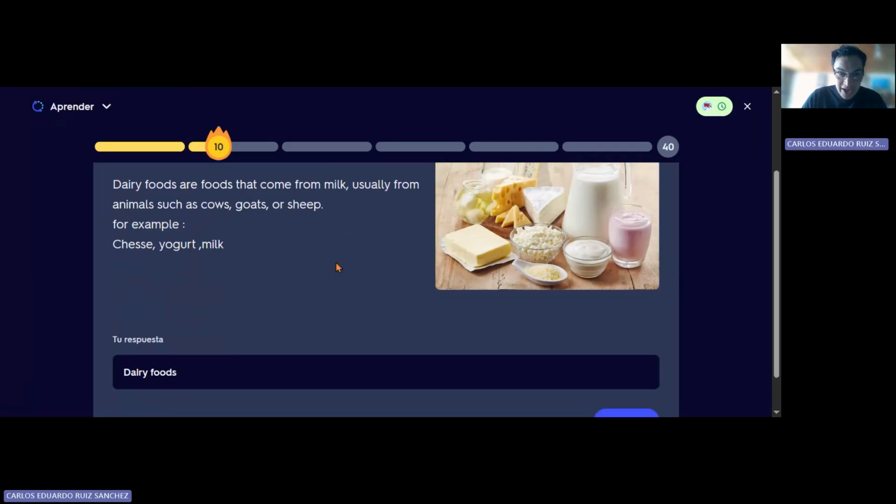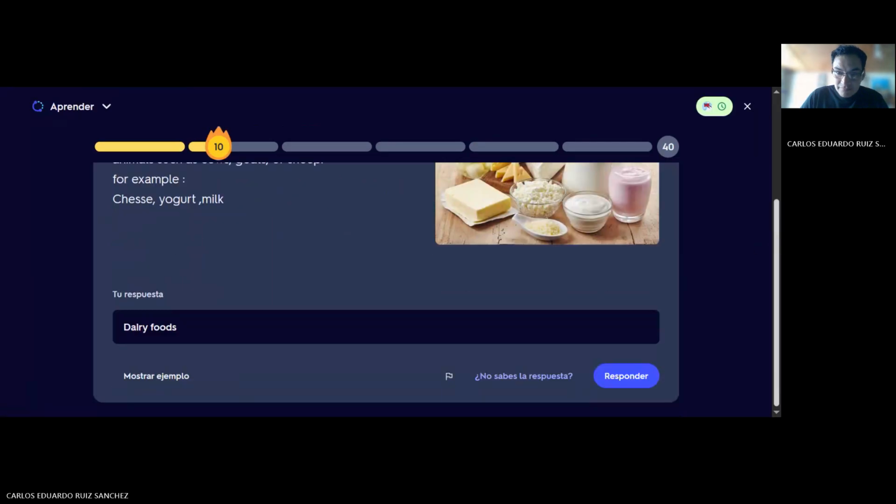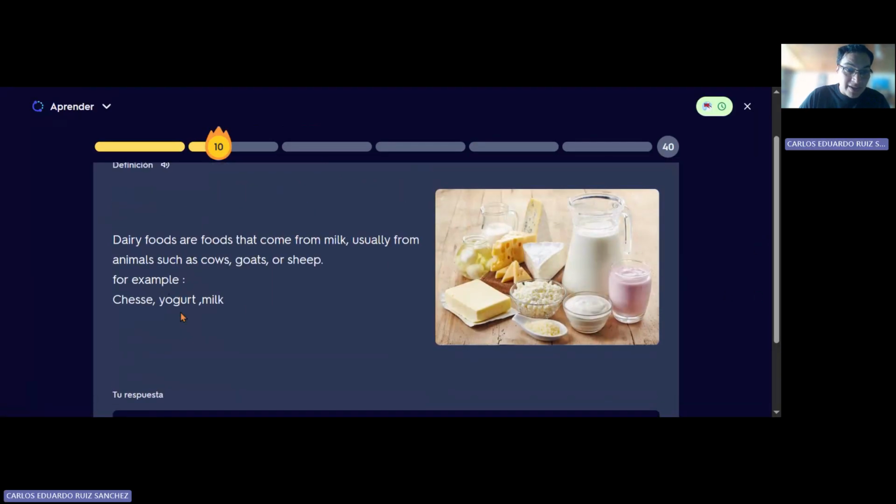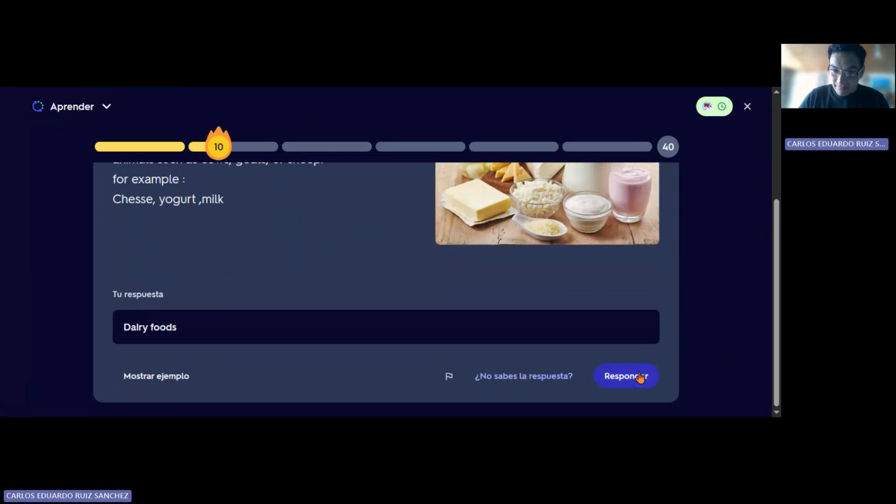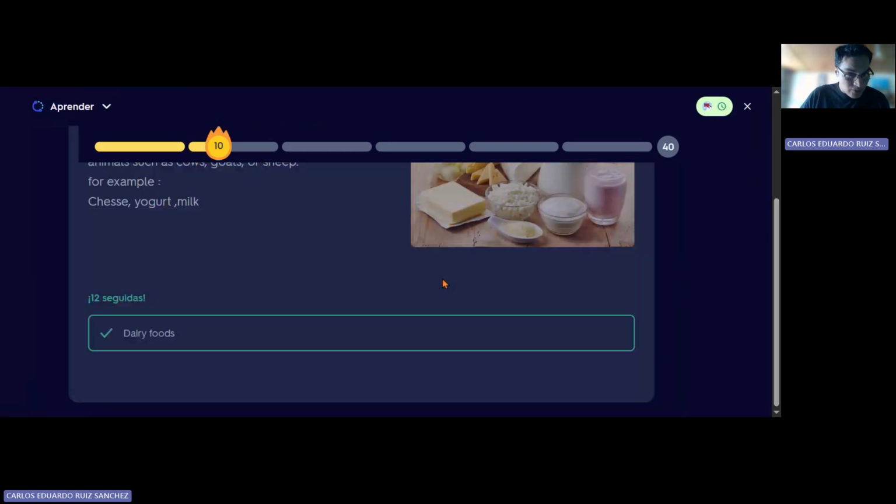Yes, let me check. Why do I choose that answer? Because the statement is talking about dairy foods. The statement is saying to me some important things about dairy foods. So let's check. Yes. Okay.